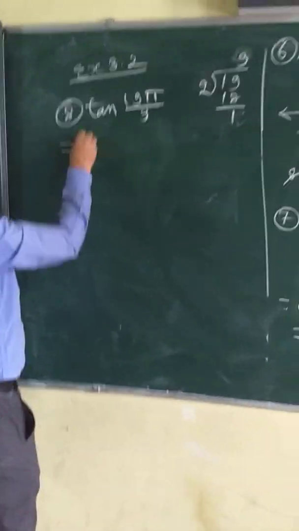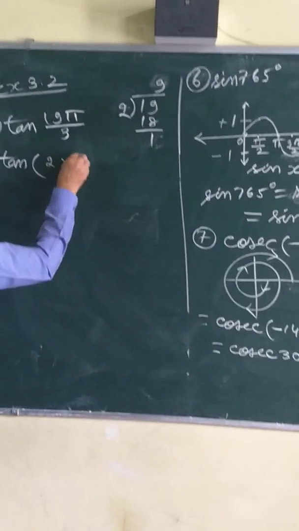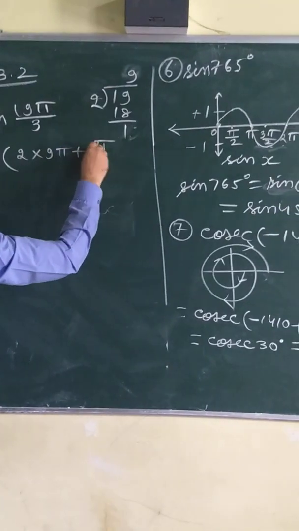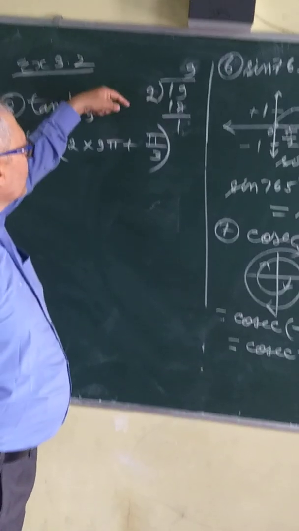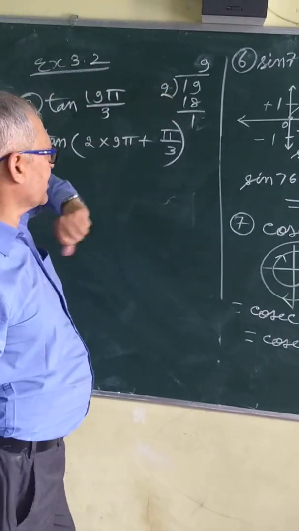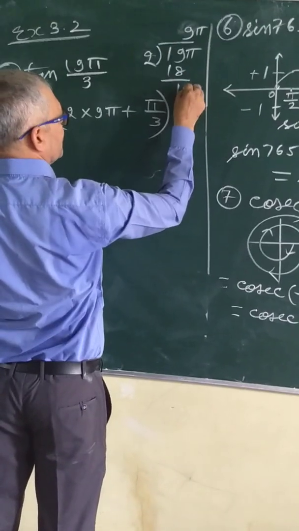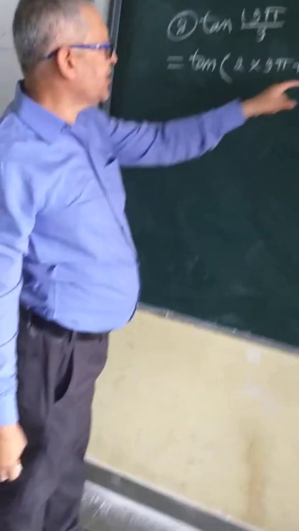So we can write it as tan(2 into 9 pi plus pi). It is written in the same order: 2 into 9 pi plus pi. Because this is pi, here we can take pi. Because 2 nines are 18.